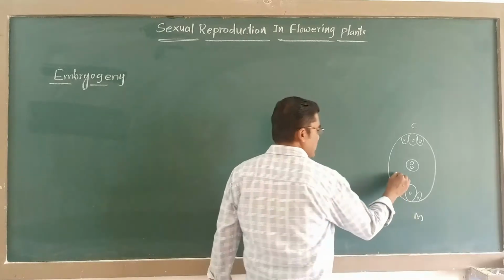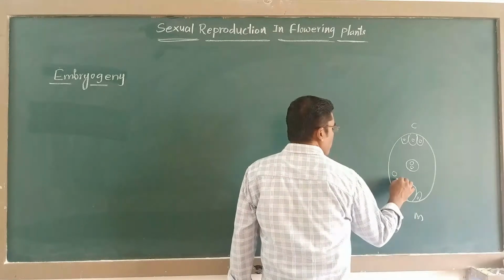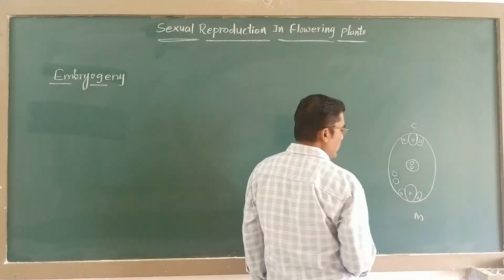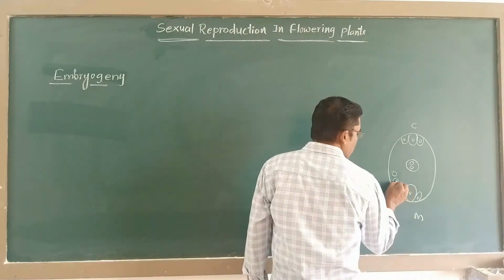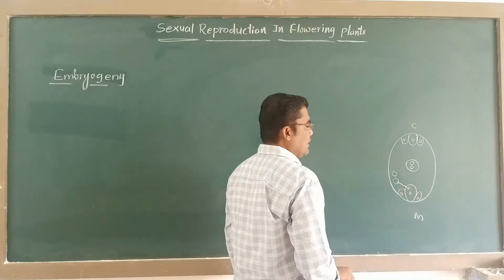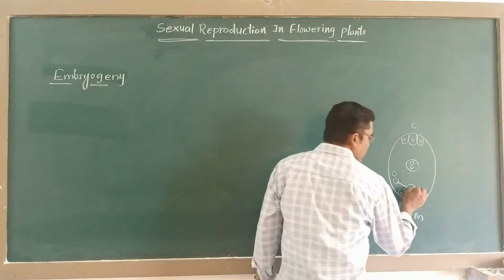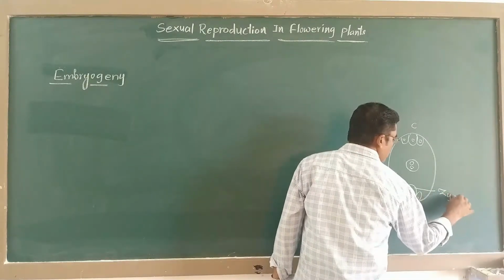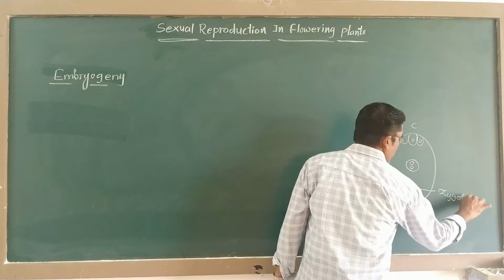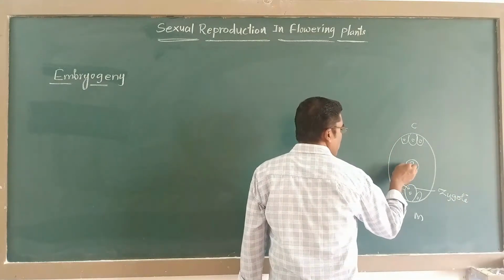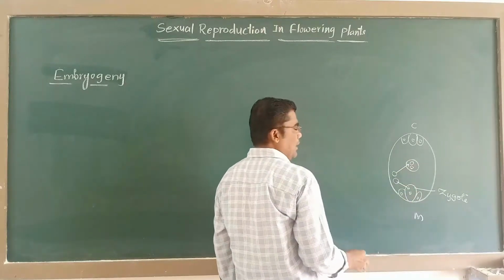During double fertilization, the pollen tube releases 2 male gametes into the embryo sac. Here a haploid male gamete fuses with the haploid egg cell, and this leads to the formation of zygote. Whereas another haploid male gamete fuses with the 2 polar nuclei.